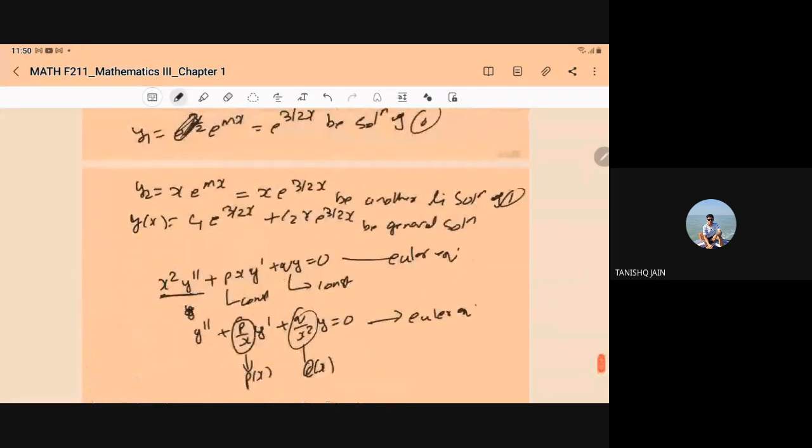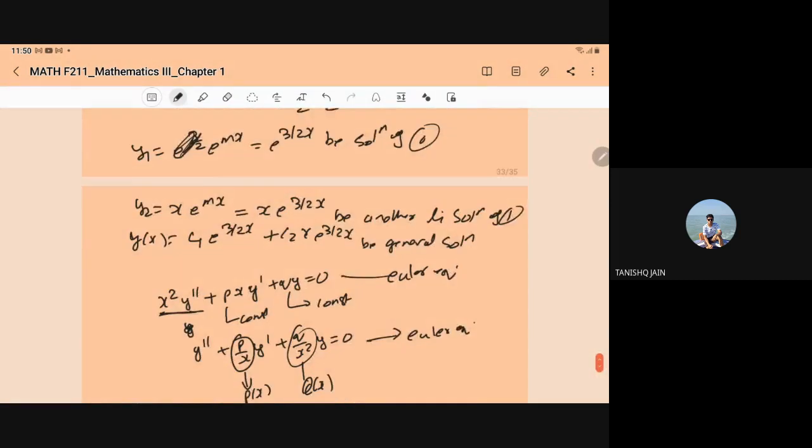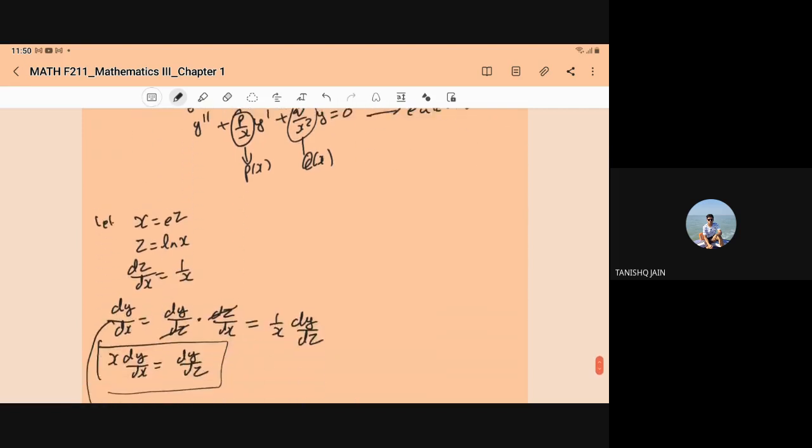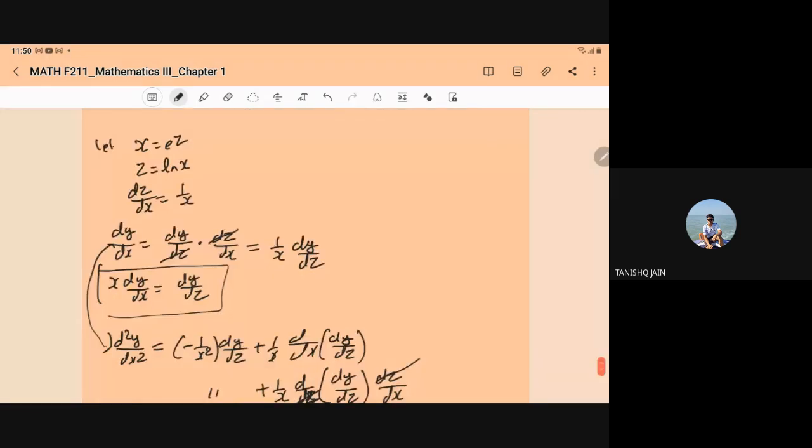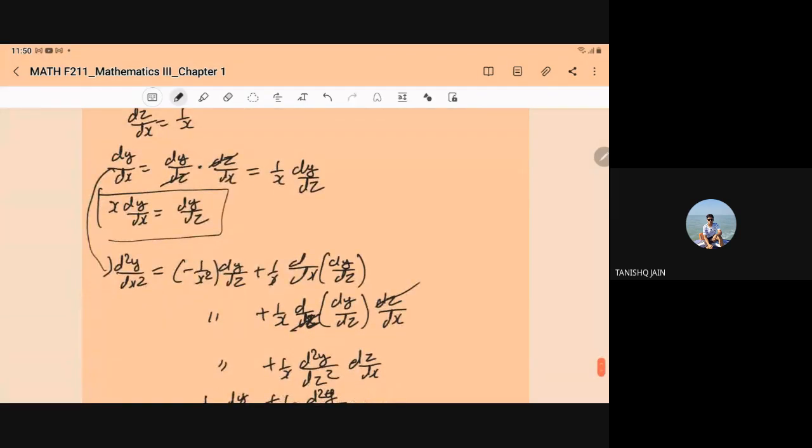Now second is p x y dash, p into x y dash. So x into y dash we have already computed. X into y dash is dy by dz.